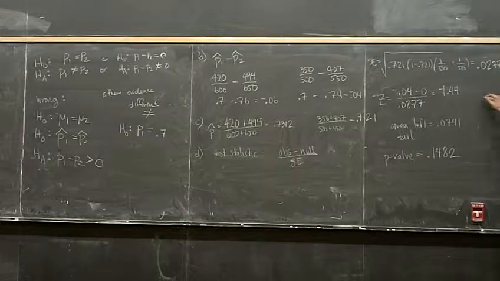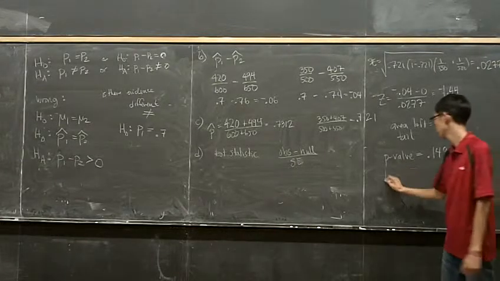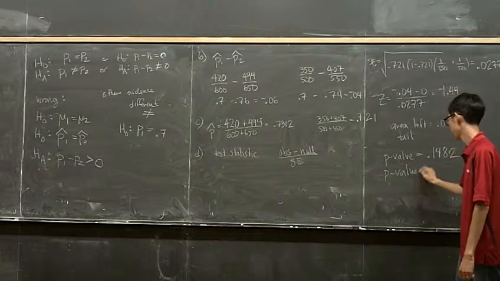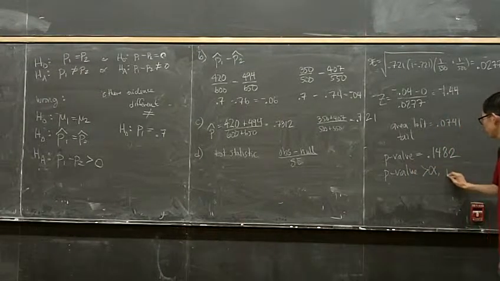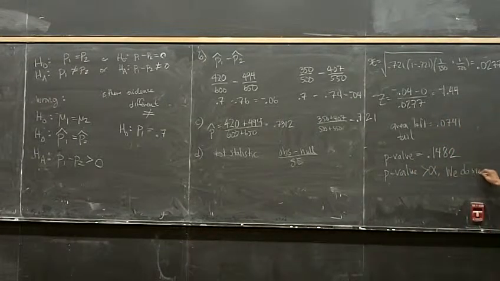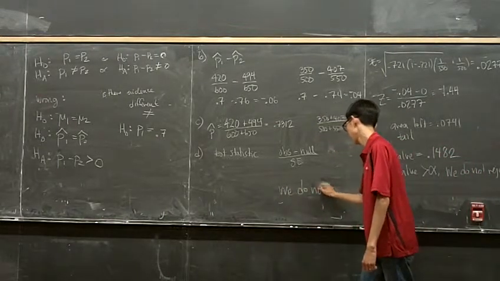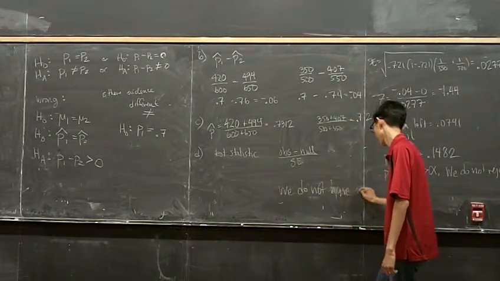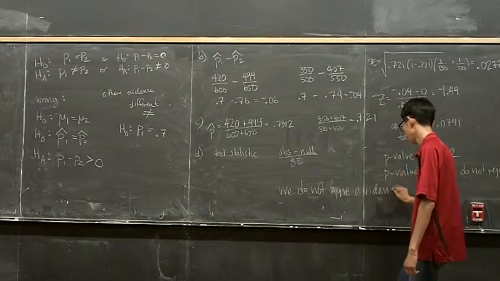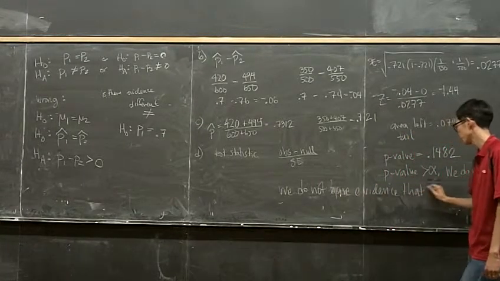Alright, so now my p-value is bigger than alpha, so that means we do not reject the null hypothesis, and I say we do not have evidence that there's a difference in proportions.